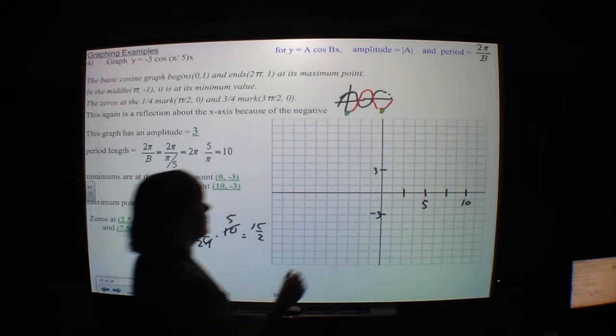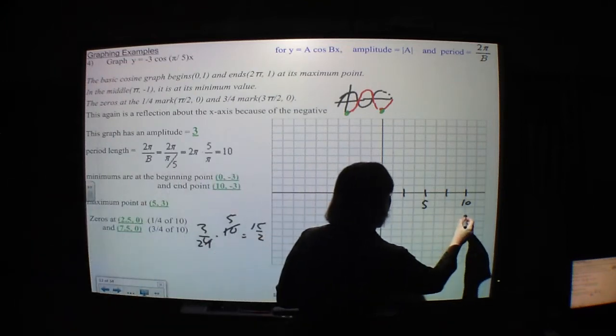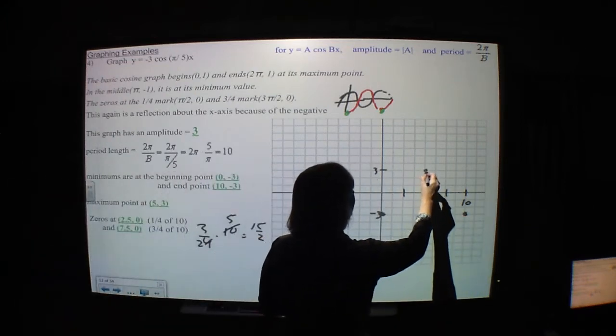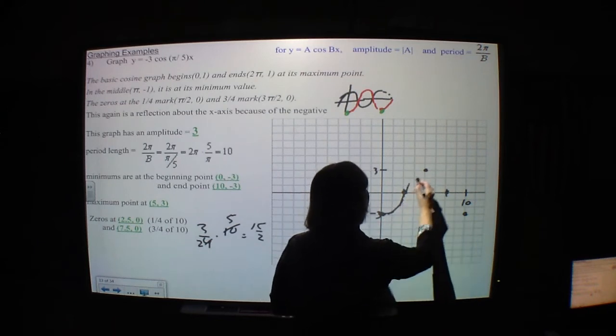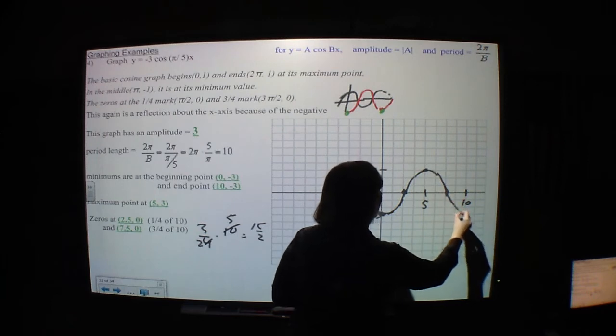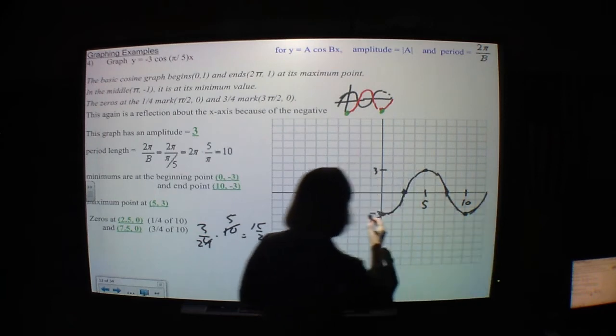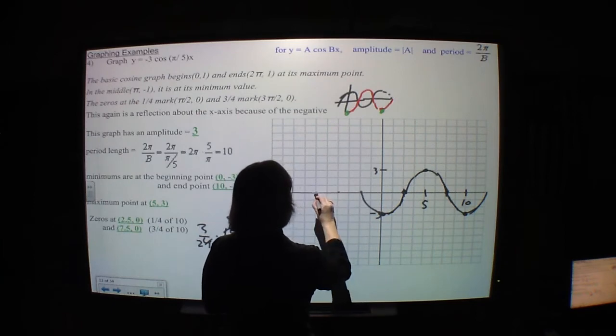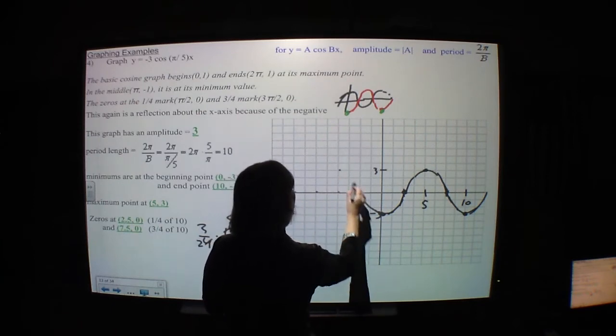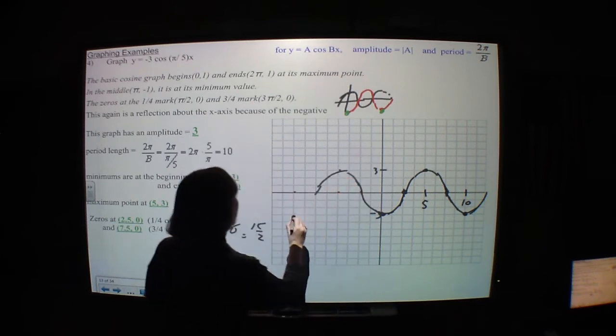Now I said that there are minimums. So we have minimums, beginning and end. Halfway through we have a maximum. Our zeros are 1/4 of the way through. So it looks something like this. And if I were going to finish it, same pattern. So right there, there. So now that's a 0, that's a maximum. And that's a minimum.